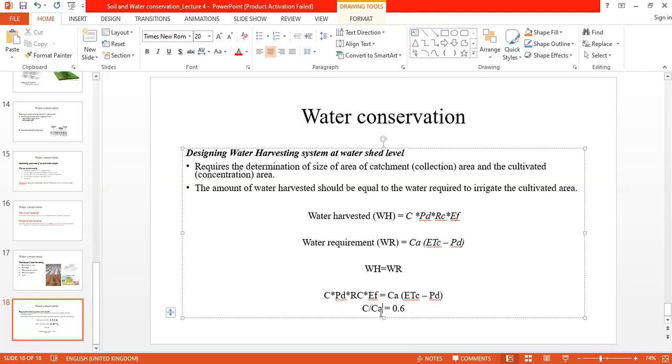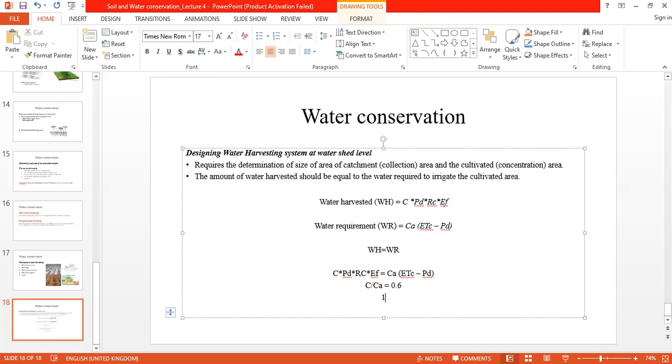So first of all, what we'll do is we're going to say 1 plus 0.6. I don't know if you still remember this mathematics of ratios. It's going to be this.